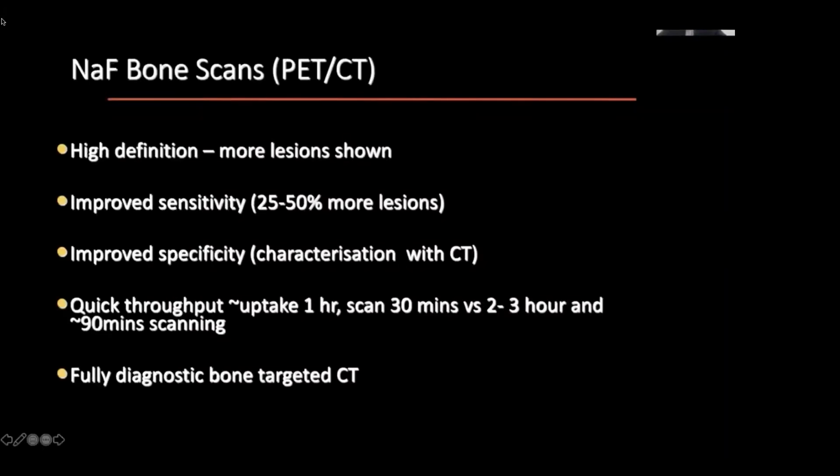We have a much better version of this now available. Sodium fluoride PET CT probably doesn't get as much use as maybe it should in everyday practice. And there's also a cost consideration, obviously, but it's certainly better than traditional technetium bone scans for looking for particularly bone metastases, or looking for multiple fractures, or looking for maybe subtle abnormalities.